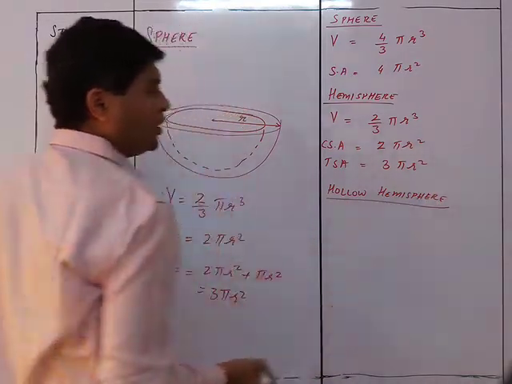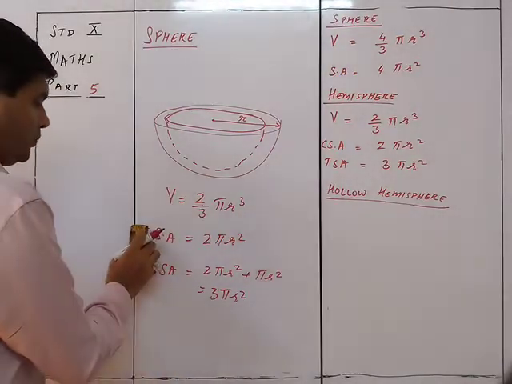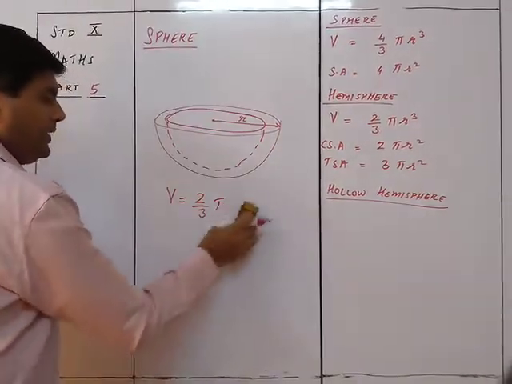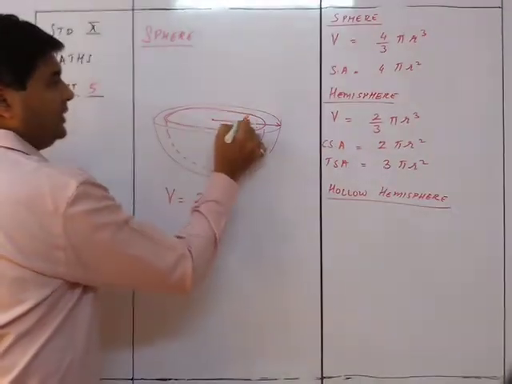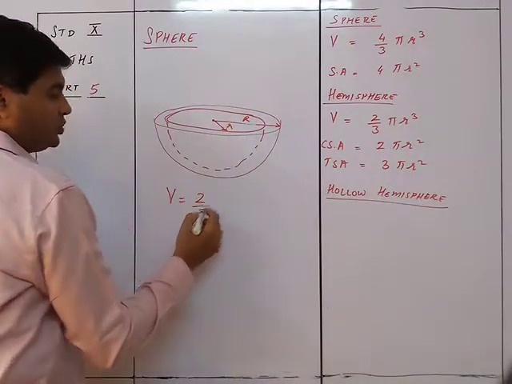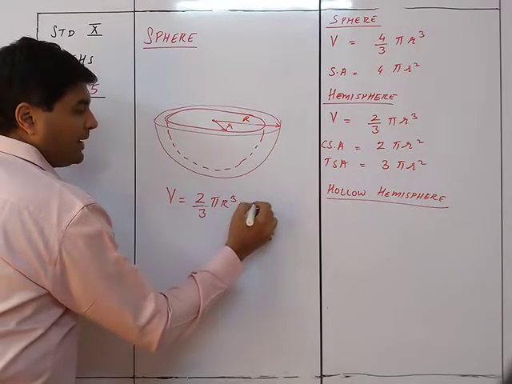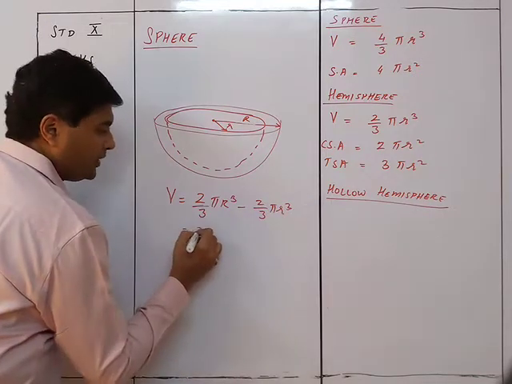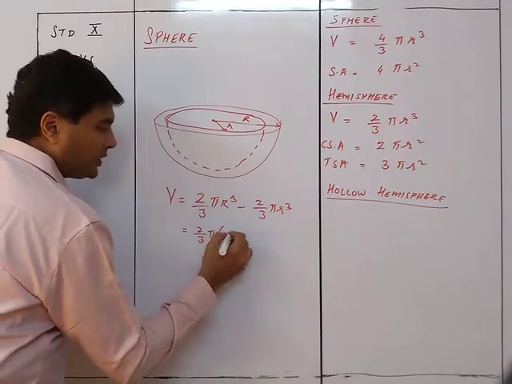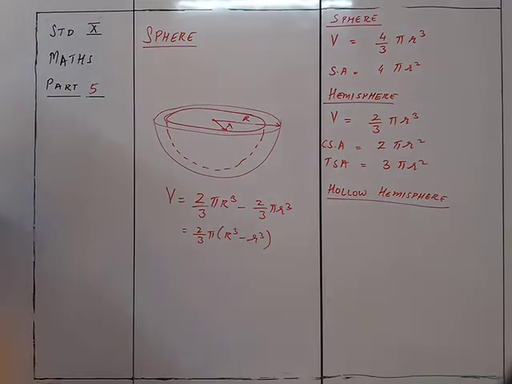So in case of a hollow hemisphere, the volume over here will be bigger minus smaller. So this will be the capital R and this will be the small r. So accordingly 2 upon 3 pi R cube minus 2 upon 3 pi small r cube. So accordingly it will be 2 upon 3 pi times R cube minus r cube. That will be the volume of the hollow hemisphere.